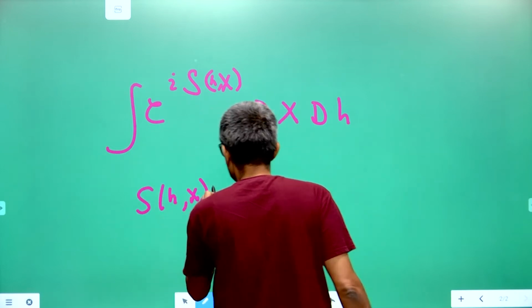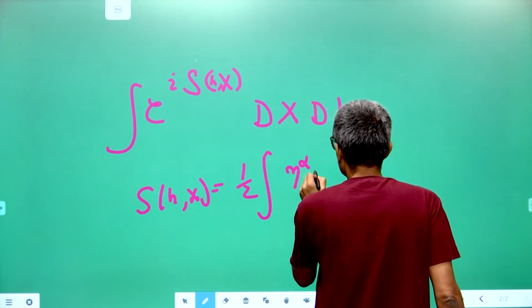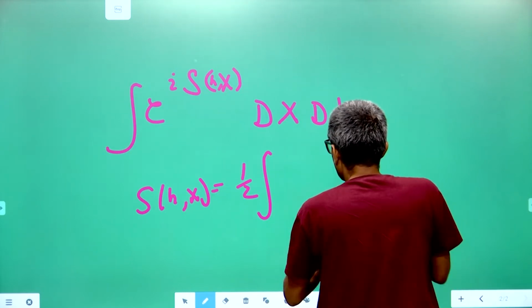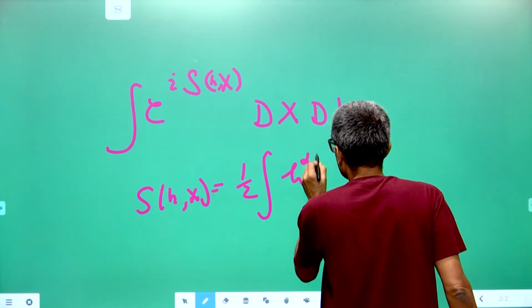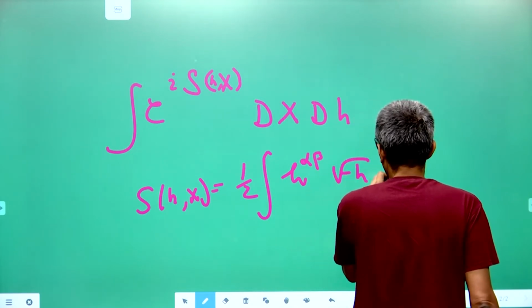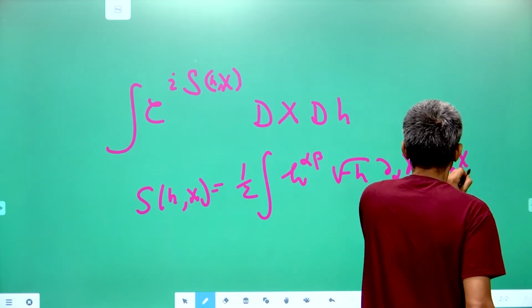S of h, x is given by half integral eta alpha beta, or you are taking a curved metric, right. So, h alpha beta, which is a function of tau and sigma, and root minus h, dou alpha x mu dou beta x mu d2 sigma.